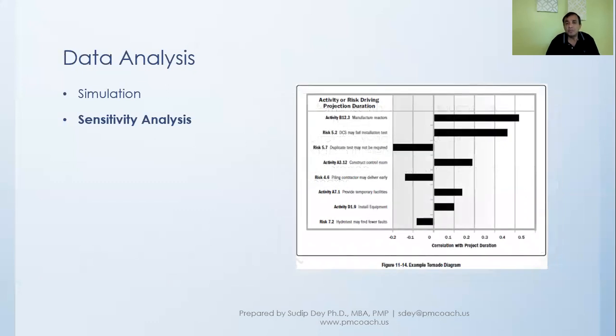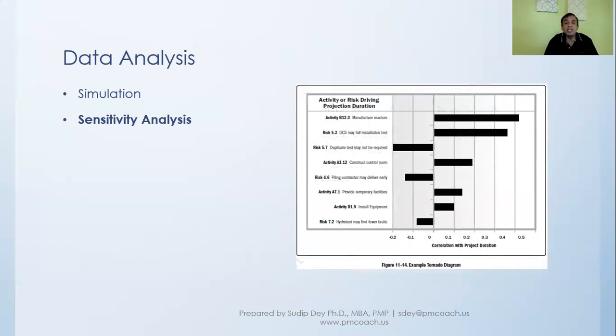Now, it looks something like this. The top one that we are seeing has a correlation with project duration. We're talking about project duration here, the risk driving project duration. And the top one is manufacture reactors. It is more than 0.5, the correlation.